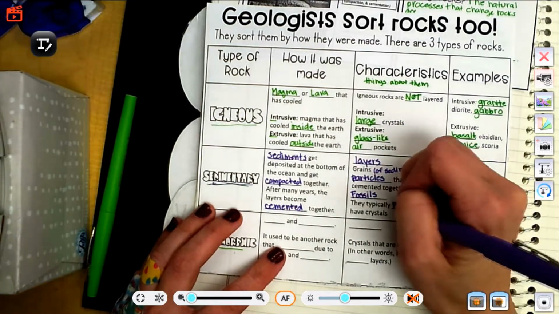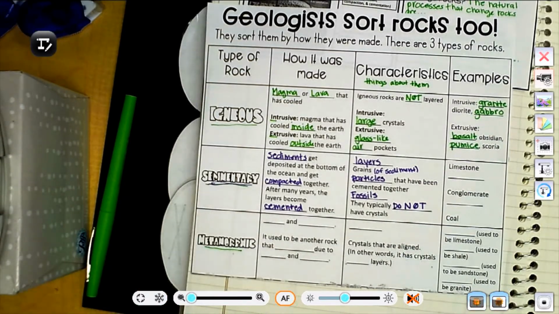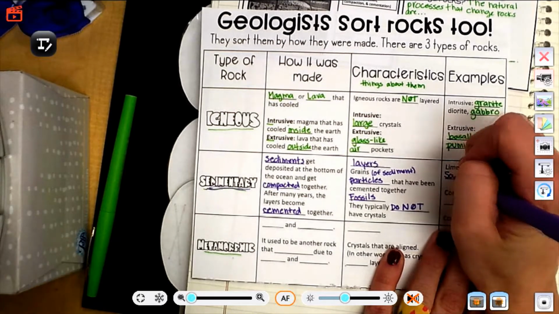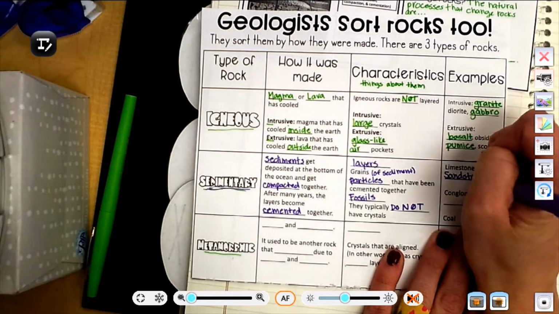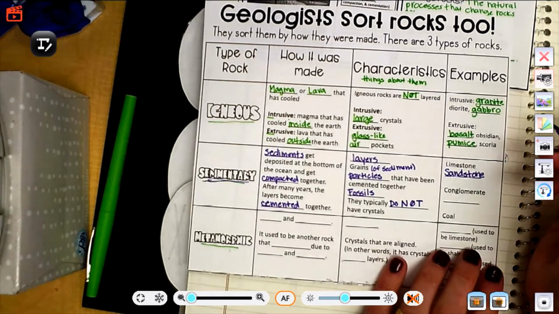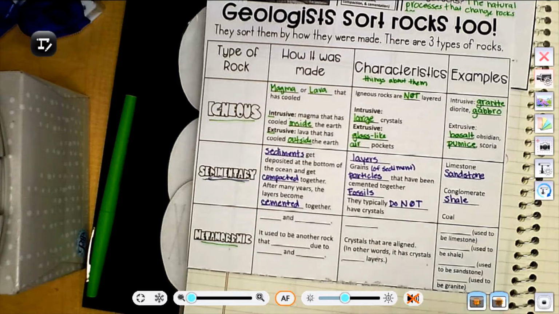They typically do not have crystals. So some examples of this one: limestone, sandstone, that's just a bunch of sand squished together. Conglomerate, that's a bunch of sediment. Shale, and coal, like you burn on a fire.